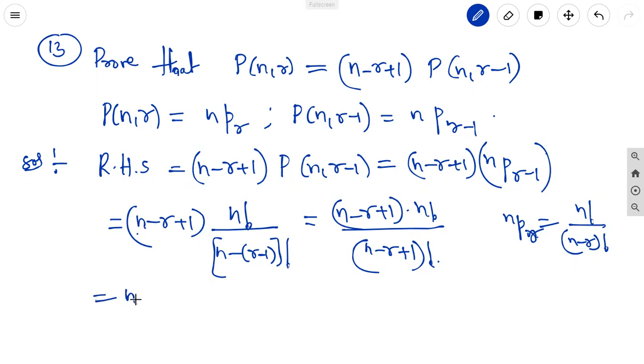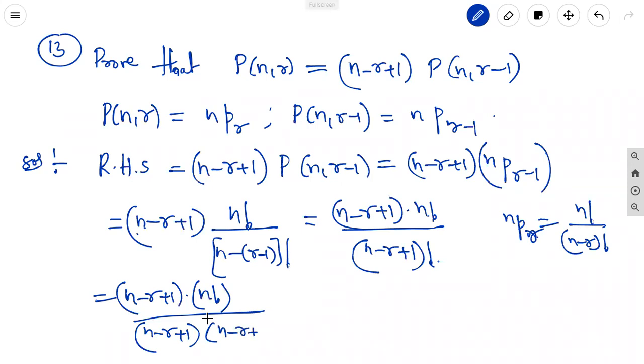Here (n minus r plus 1) factorial can be written as (n minus r plus 1) into (n minus r plus 1 minus 1) factorial. These two terms get cancelled.